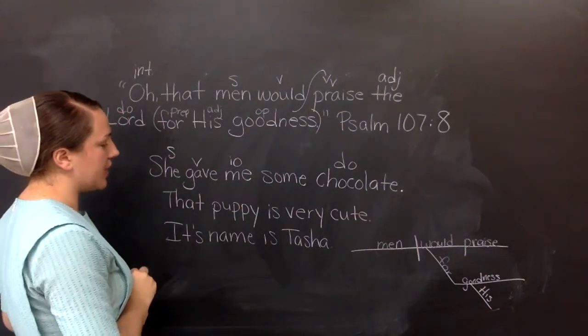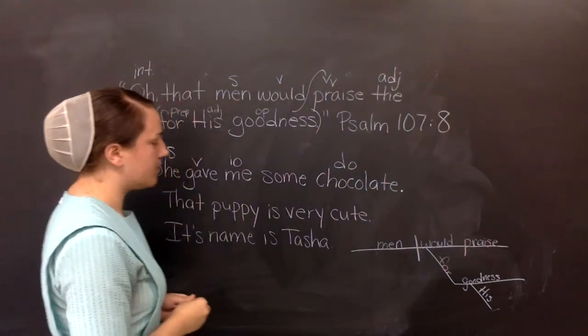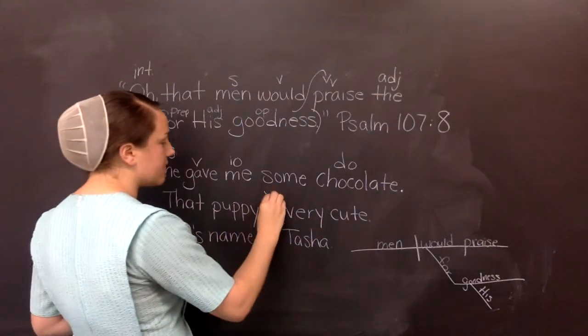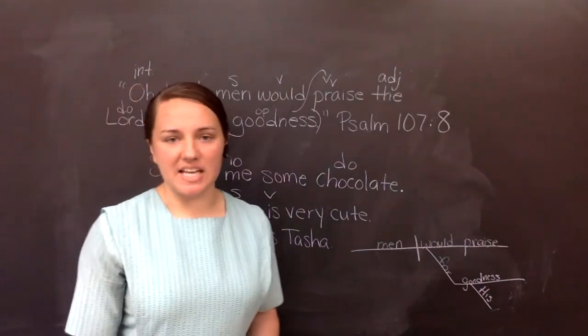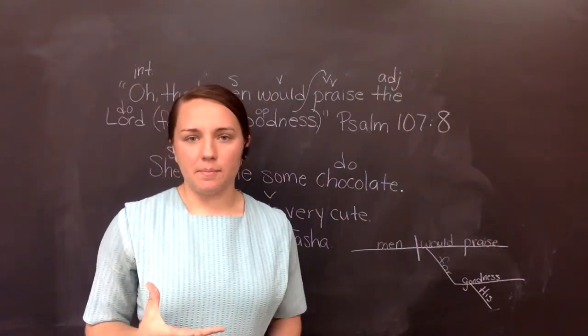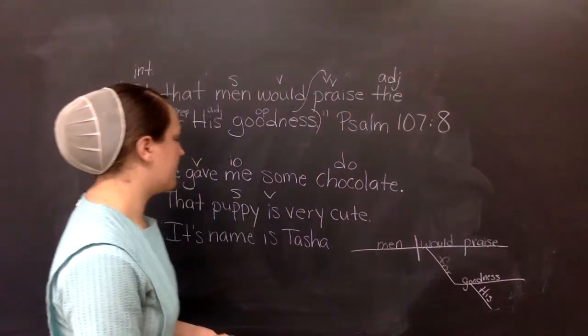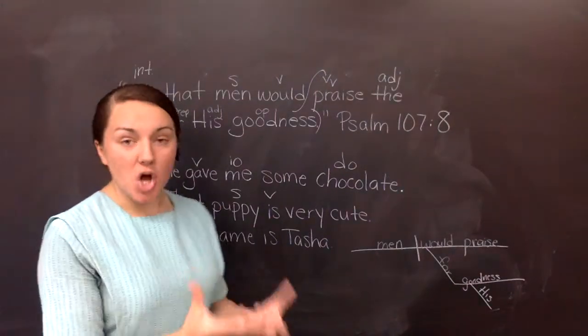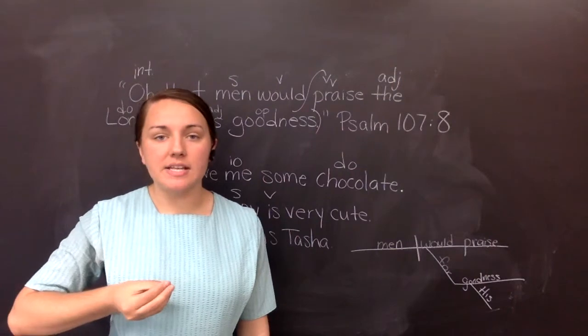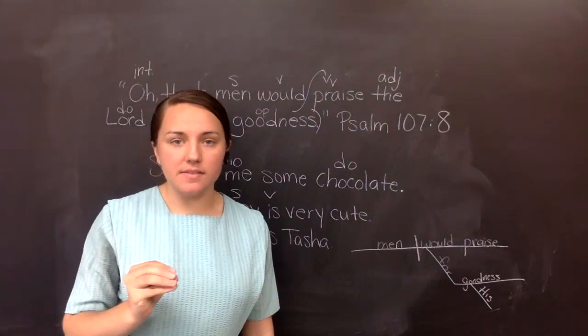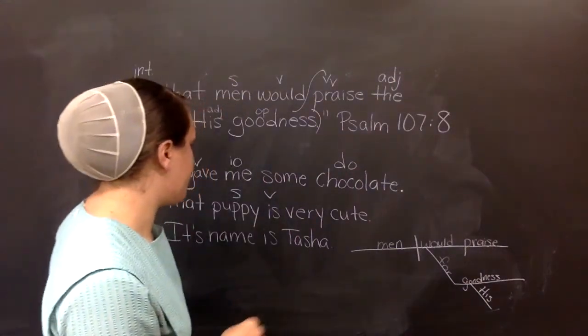Let's look at the last two here. That puppy is very cute. Is is the verb, and puppy is the subject. Now, what kind of verb is is? Is it an action? Is it a being, linking? It's in the being verb list, which is also a linking verb list. Okay? So if there are complements, they will be predicate nominatives or predicate adjectives.